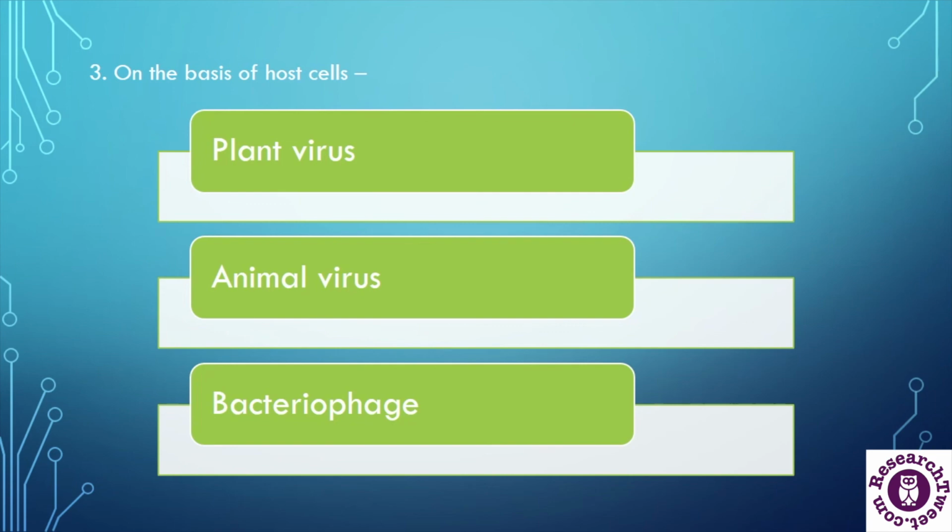As we have discussed, it is a specific type of virus which infects bacterial cells, and that's why they are called bacteriophages, because they have the ability to infect or engulf bacteria. They are also considered bacteria eaters, and they contain DNA as their genetic material.